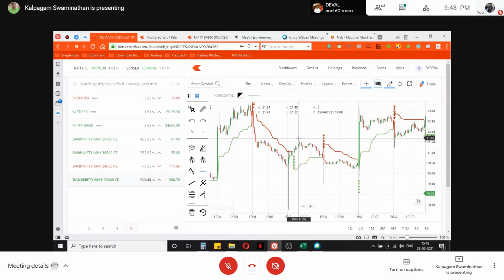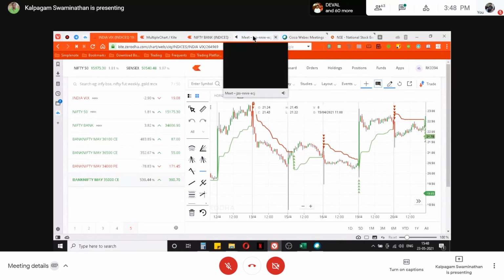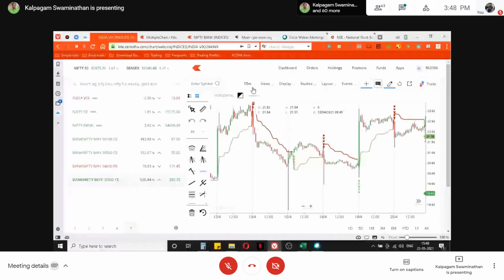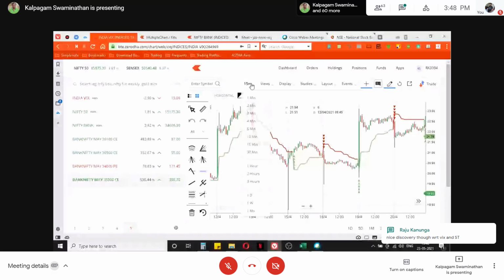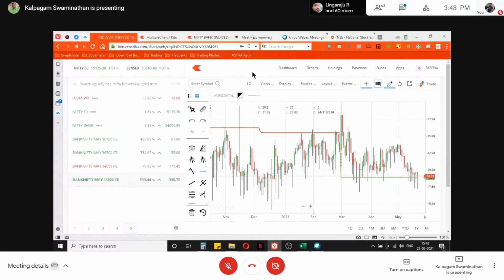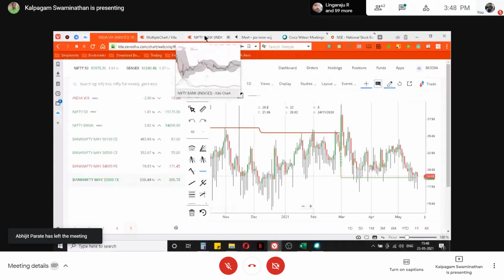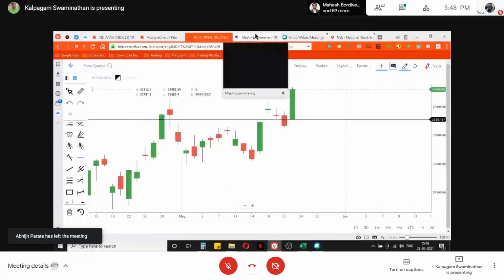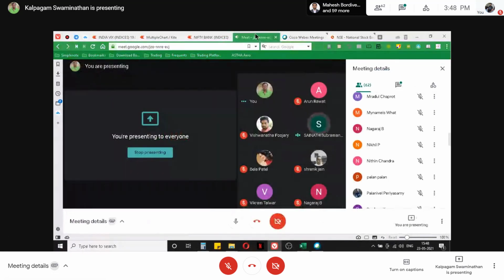I use a 20 EMA on a VIX chart to identify sell. If VIX is above the 20 EMA, I never sell. I keep holding. Only when it comes below the 20 EMA, I start selling. And one more thing that I do is I don't buy till VIX is below the 20 EMA.